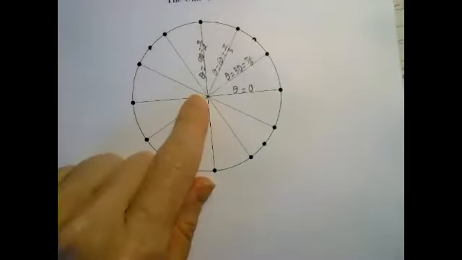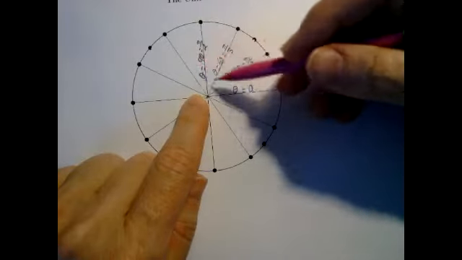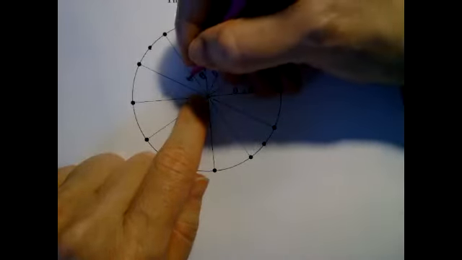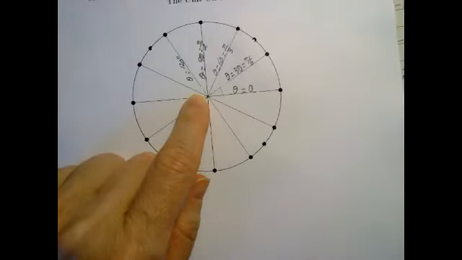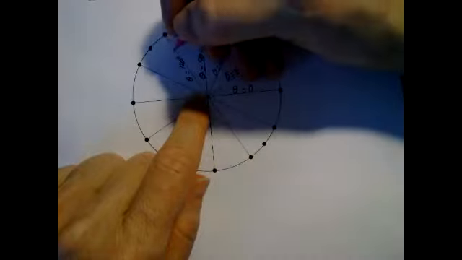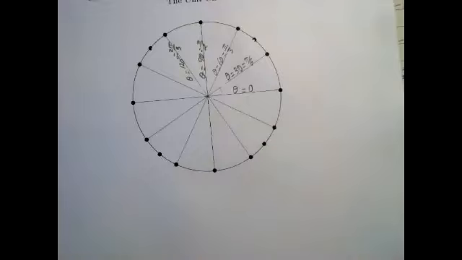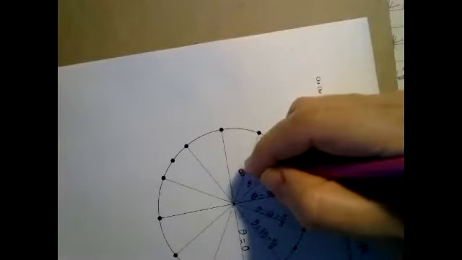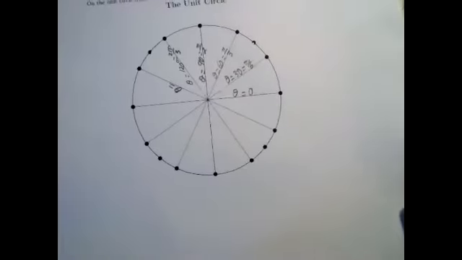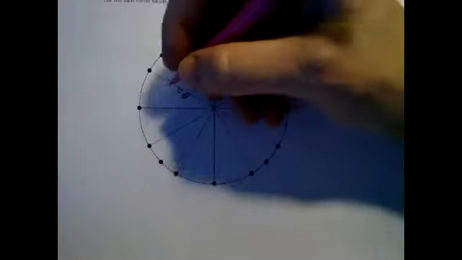Every step is 30 degrees. So this was 4 thirties, which means 120, or 2 sixties. A 60 is pi over 3, which makes this 2 pi over 3. So that's really my unit circle. And the theta here is 1, 2, 3, 4, 5, that's the 5 pi over 6.